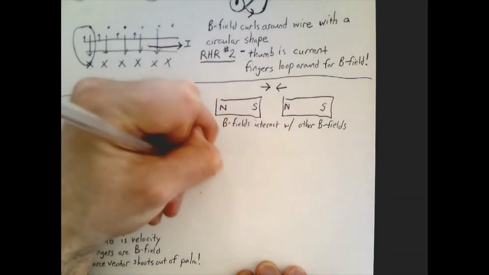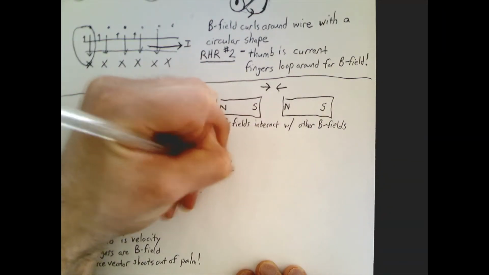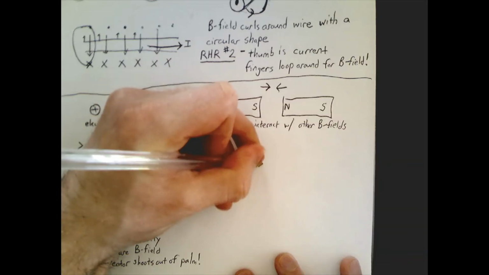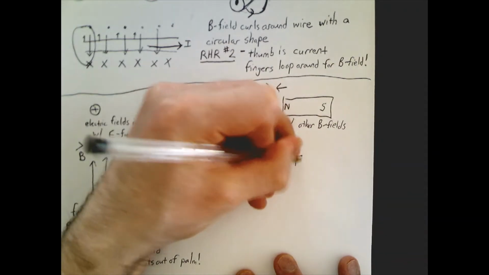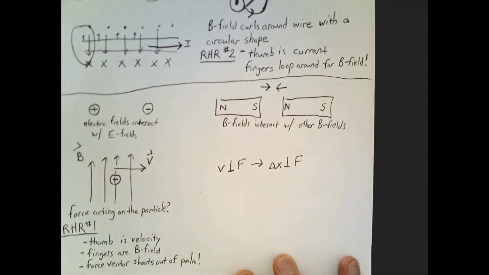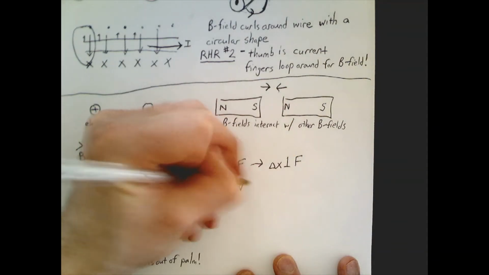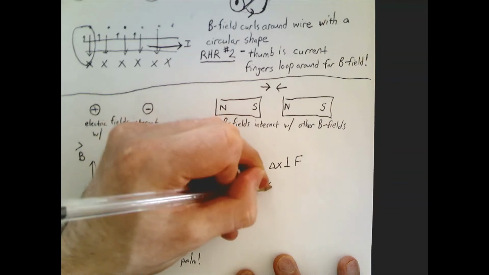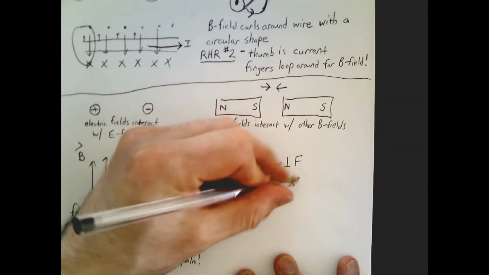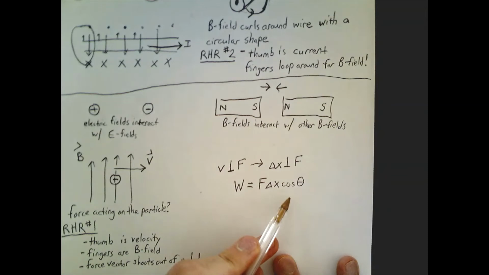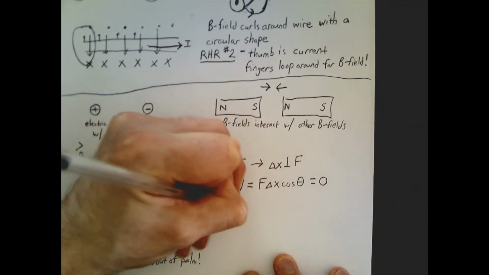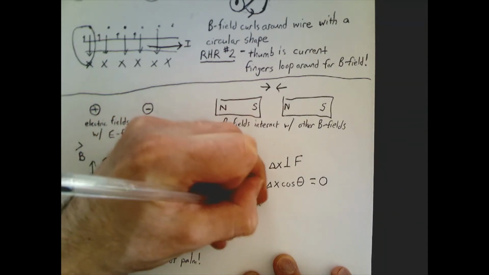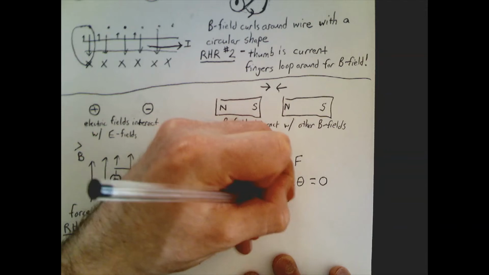And so because v is perpendicular to F, that implies that the instantaneous displacement is perpendicular to F. This means that if we go back to our definition of work, F delta x cosine theta, theta would be 90 degrees, and therefore the work done would be 0. So magnetic forces do no work on charged particles.